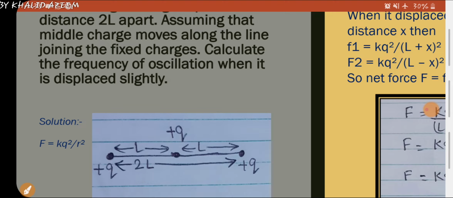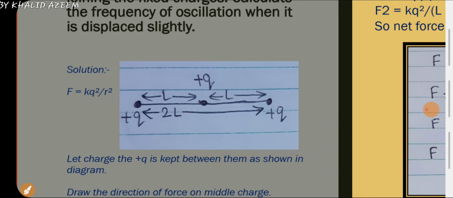So, the distance between this charge and this one will be L, and similarly this charge and this one will be L. In place of 1 upon 4 pi epsilon naught, I am writing just K. So, force will be given by F equals K Q1 Q2 upon R square. But as the charges are the same, I am just writing Q square in place of Q1 Q2.